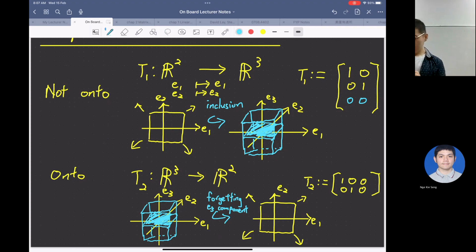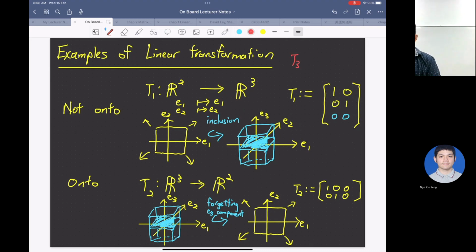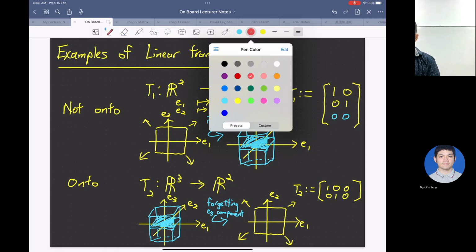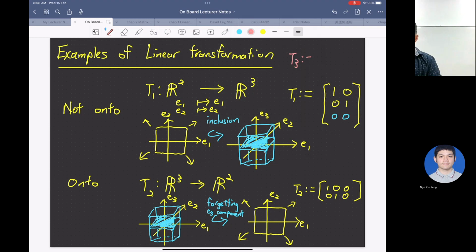In 3D, if we put a 2D space in 3D, we can put it differently. I think in the textbook you have a map like this. Let me introduce T3. T3 is like 1, 0, 0, 1.